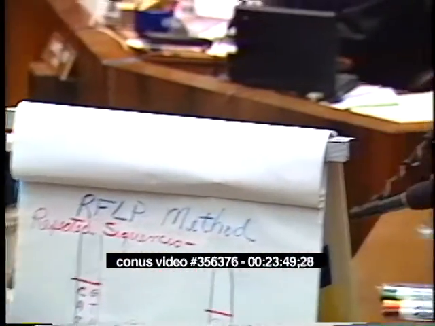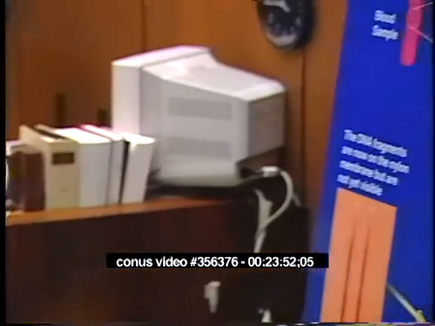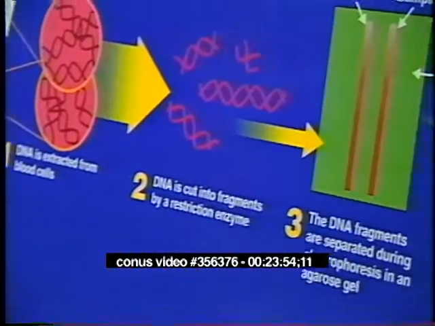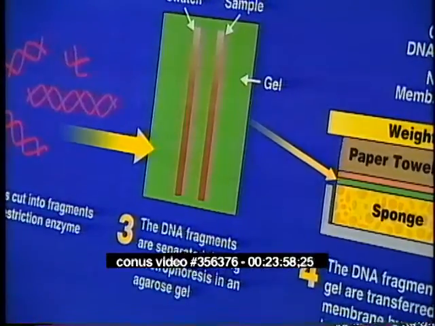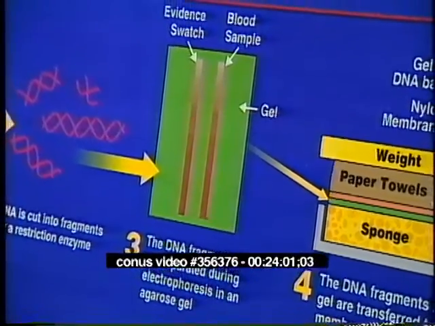It has many other uses. You can do electrophoresis with proteins, but in this case we're doing electrophoresis with DNA. And that electrophoresis will allow you to separate out the pieces according to how big they are.